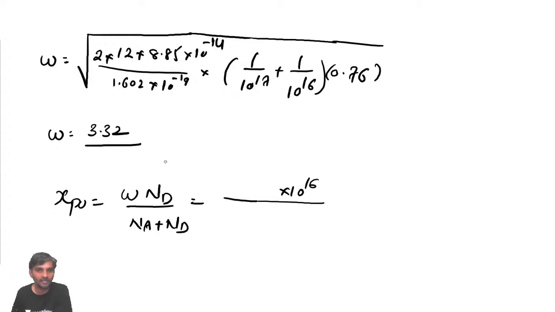You are supposed to get 3.32 into 10 to the power of minus 5 centimeters. You are supposed to get 10 to the power of minus 5 also, Sandhya. Please cross check.